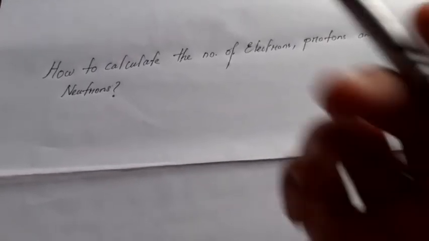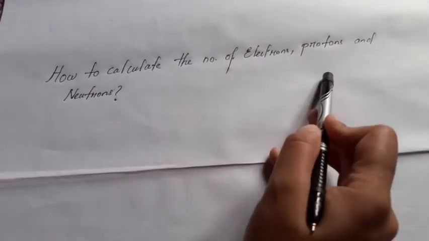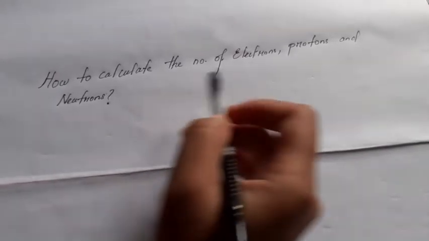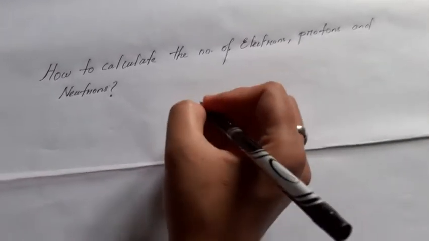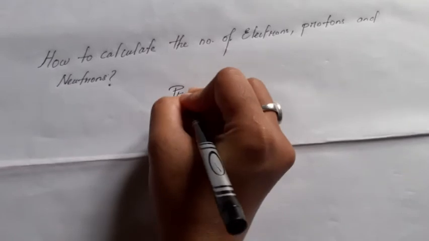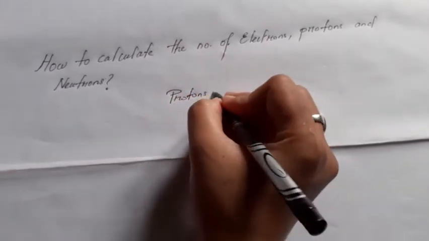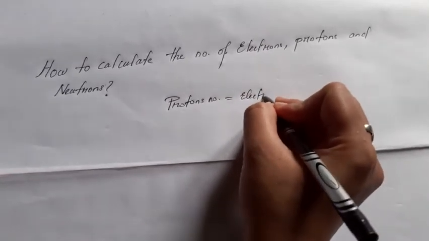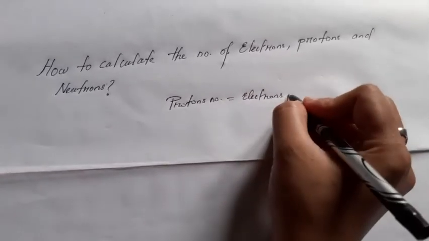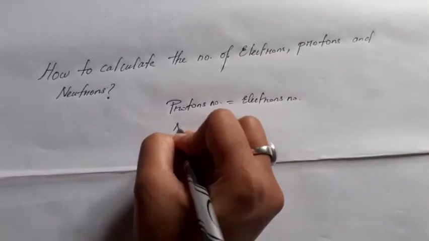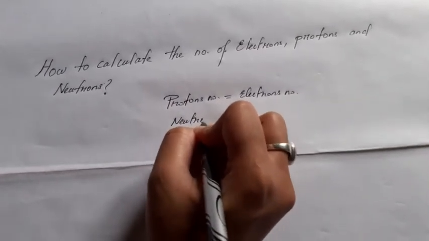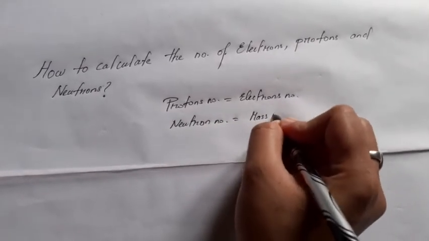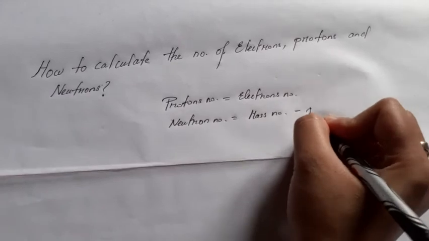Today we will learn how to calculate the numbers of electrons, protons and neutrons. To know how to calculate these numbers, first of all we have to know that the proton number is always equal to the electron number, and the neutron number is calculated as mass number minus atomic number.